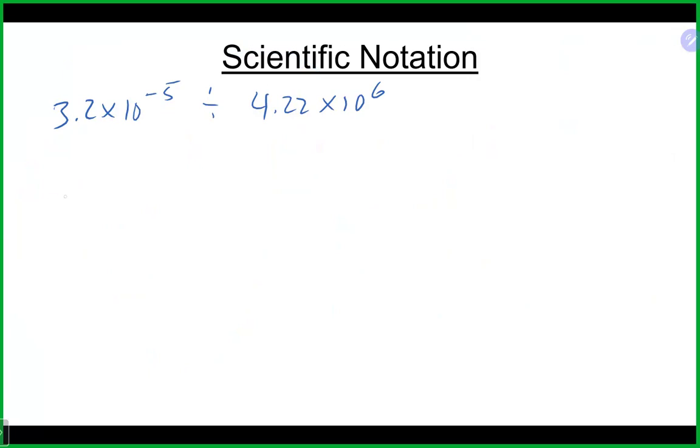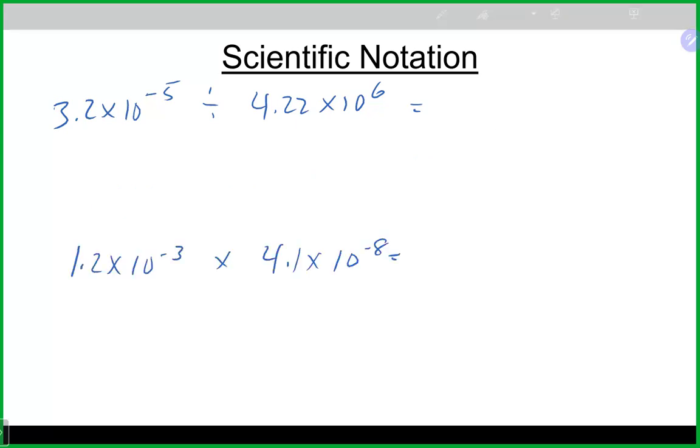And let's go 1.2 times 10 to the minus 3, and we'll times it by 4.1 times 10 to the minus 8. All right, so punch those in and see what you come up with. I'll do it as well. Hopefully come up with the right numbers here.